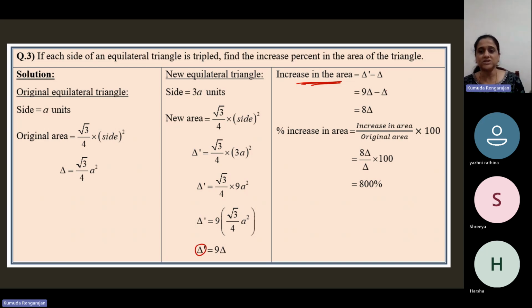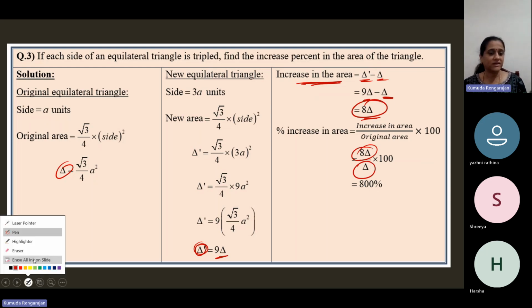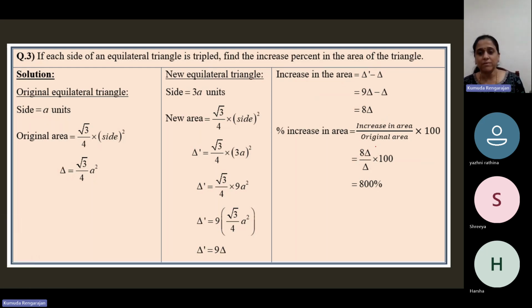New area delta dash minus original area delta: 9 delta minus delta, 8 delta. Percentage increase is increase in area by original area into 100. Increase is 8 delta, by original delta, into 100. Delta and delta get cancelled. 8 into 100 is 800%. All right?